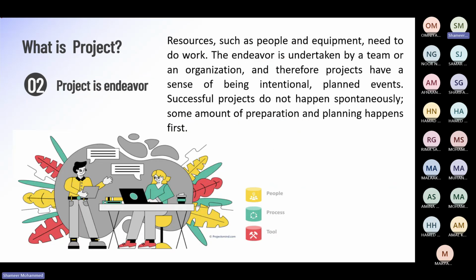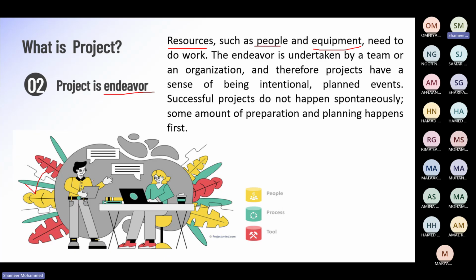Now the next attribute of the project is endeavor. I told you, endeavor means attempt or effort. So here you involve many resources in your project. Who is the resource? A person. And you need devices.